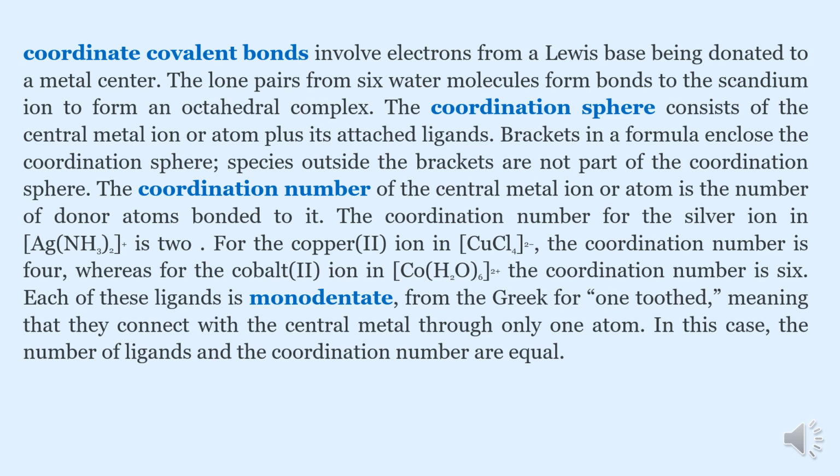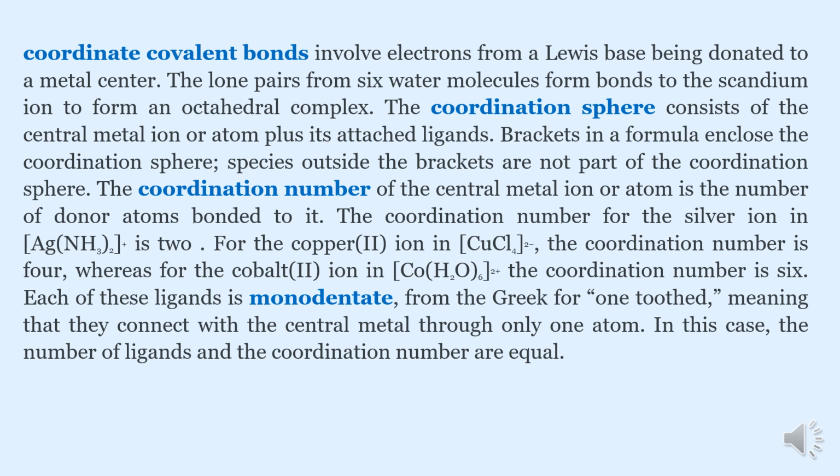The coordination number of the central metal ion or atom is the number of donor atoms bound to it. The point of attachment between the central metal atom and the ligand determines the coordination number. As the number of attachment points or donor atoms in the ligand increases, the coordination number also increases.